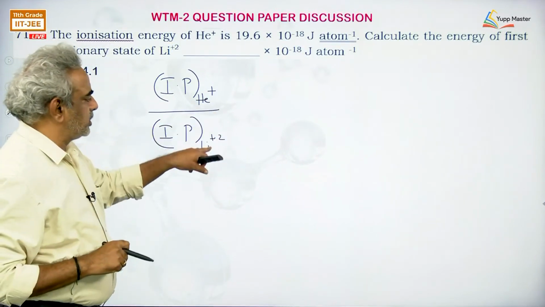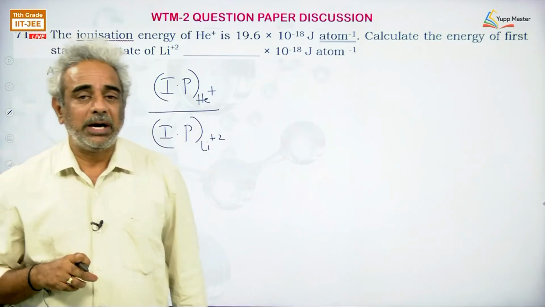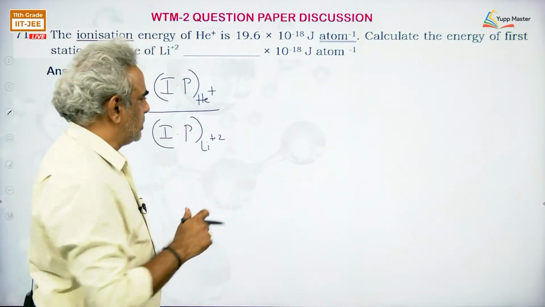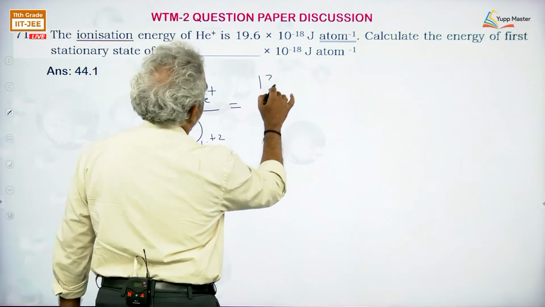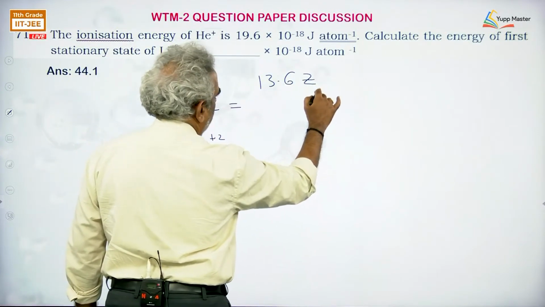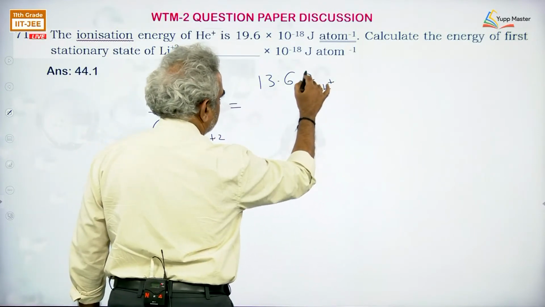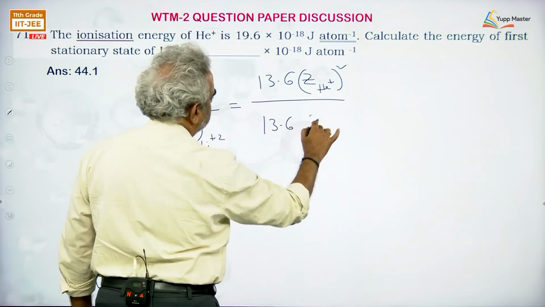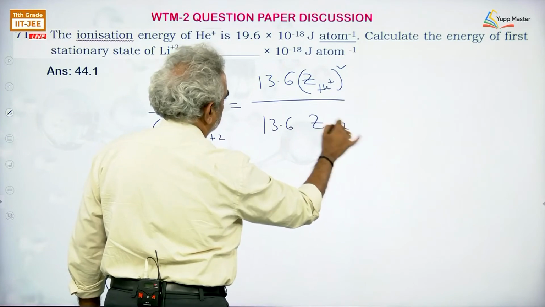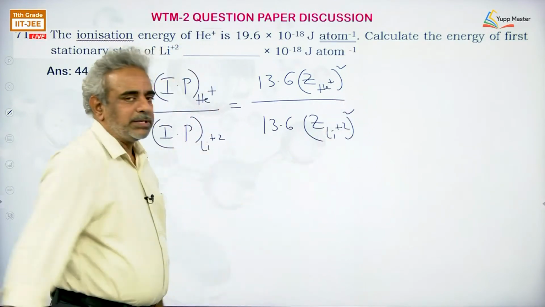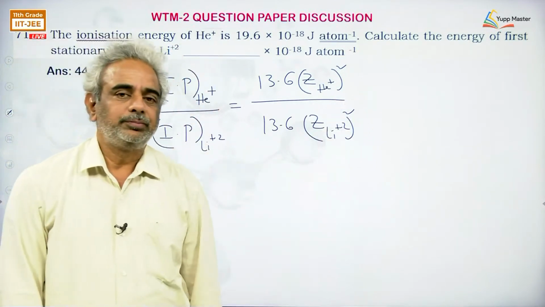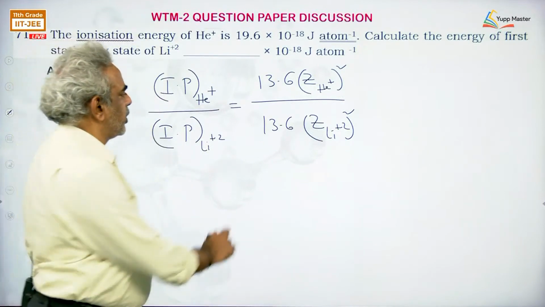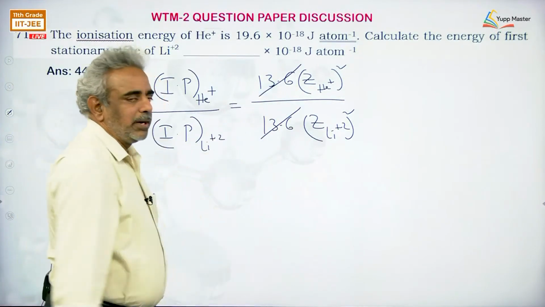Why helium plus? These are all applicable only for single-electron species. So, it is equal to 13.6 Z² of helium plus by 13.6 Z² of lithium 2+, as per what I just discussed a bit earlier. Now, 13.6 gets cancelled.